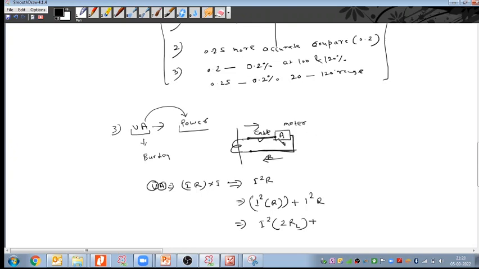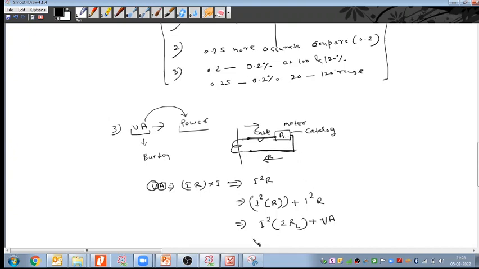For this metering instrument, we do not go with this formula. We need to go with the instrument catalog, because the instrument is manufactured and provided by a different vendor. From the catalog we can see how much power is required by the ammeter or the energy meter, and we can put that power value here, the power of the external VA, of the ammeter, multifunction meter, or energy meter.